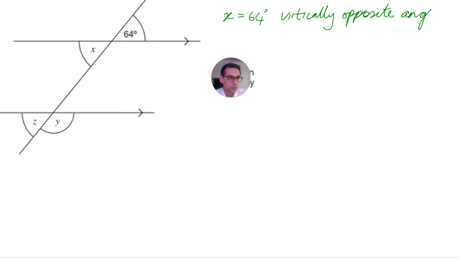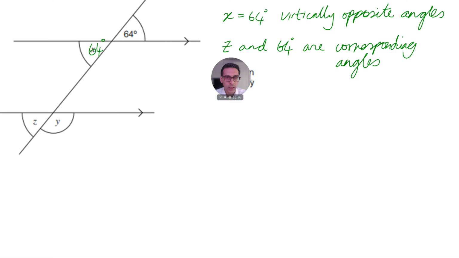Angles. So we can label that 64 degrees, and then we can see z and 64 degrees are corresponding angles. So that's going to be 64 because they are in the same position, on the same side of the transversal on each bit of the parallel lines.